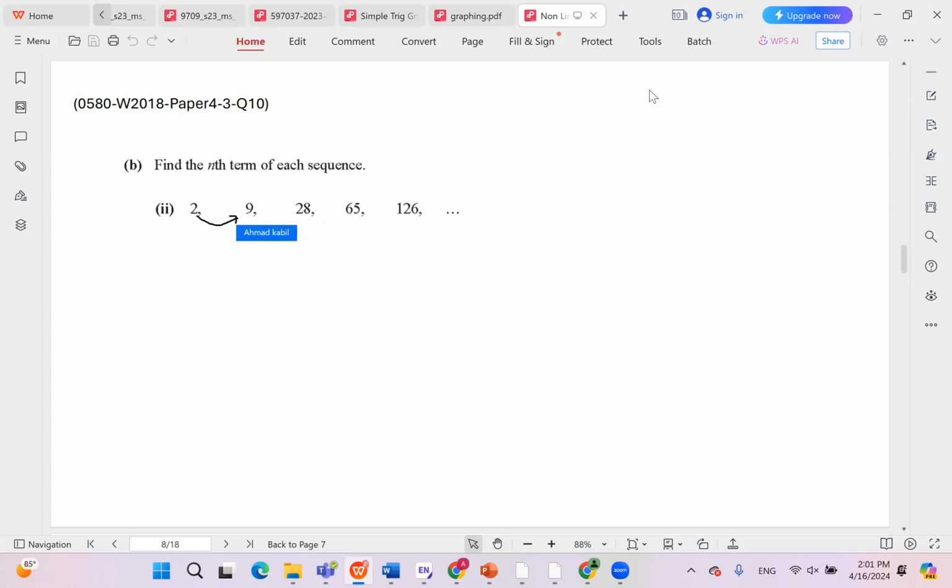So here I have +7, and here I have 28 minus 9, which is 19. 65 minus 28, and this is 37. 126 minus 65, and this is 61. So we're adding very strange numbers here. Let's try the next layer.